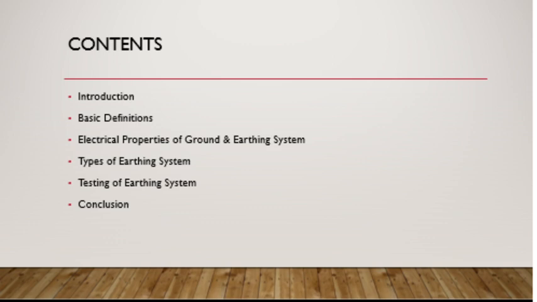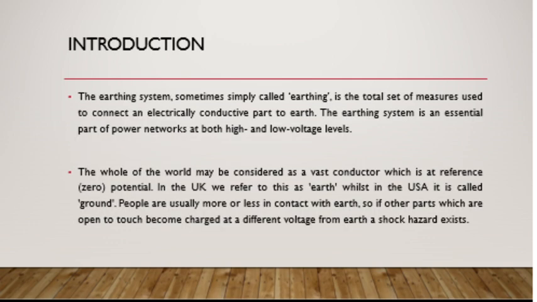Okay, so starting with the introduction part, we have to discuss what the basic meaning of earthing system is. As you can see on the screen, earthing is a total set of measures used to connect an electrically conductive part to the earth.